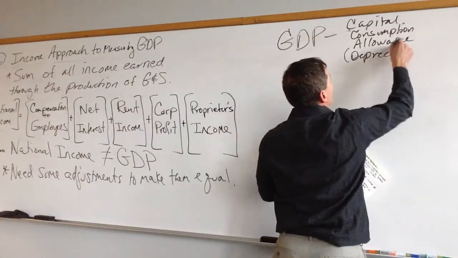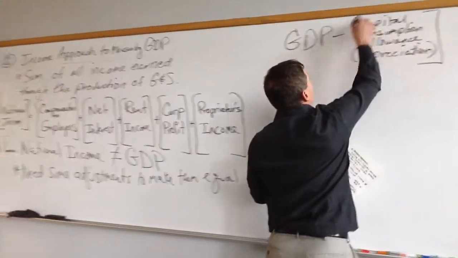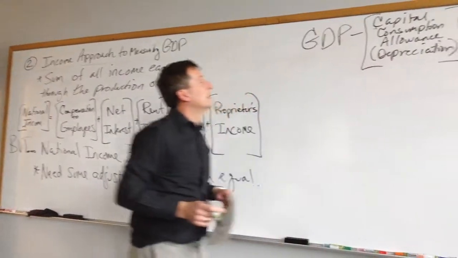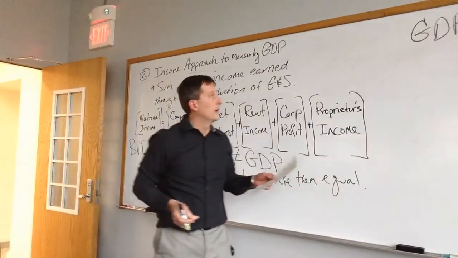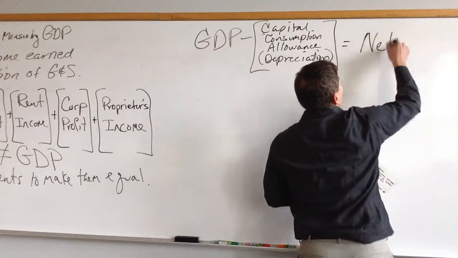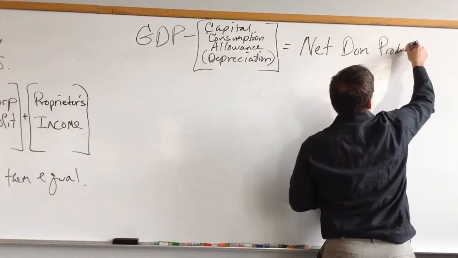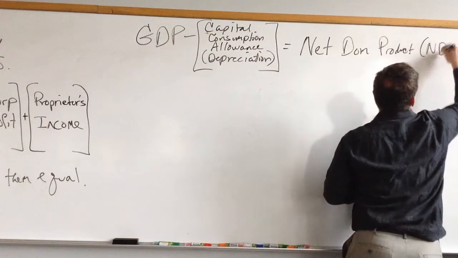I almost should just put depreciation up there, but it is called a couple things. We get what's called net domestic product, NDP.